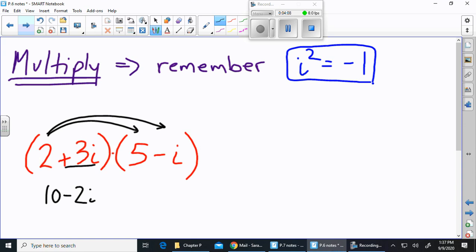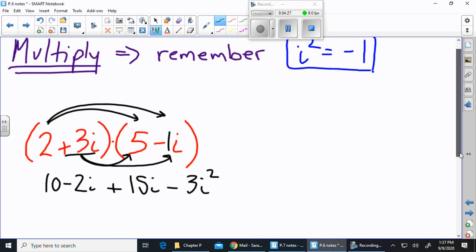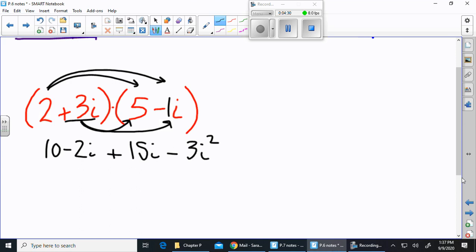Now I take positive 3i times 5, positive 15i. Positive 3i times a -1i is a -3i squared. So then I have to remember, i squared is -1, which multiplying by -1 just changes our sign.